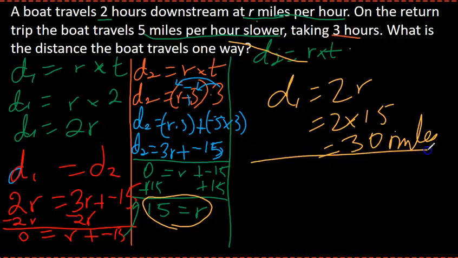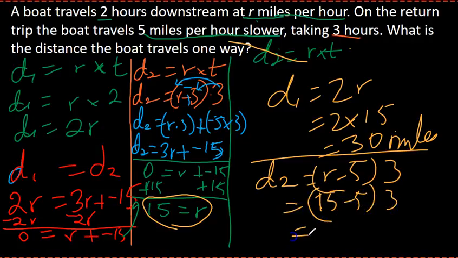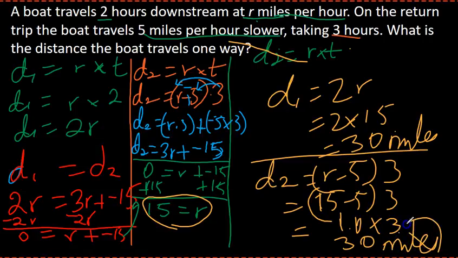Or if you want to use distance 2, it's r minus 5 times 3, where r is 15, so 15 minus 5, which is 10, times 3, which is 30. Okay, there. Hope you got that.